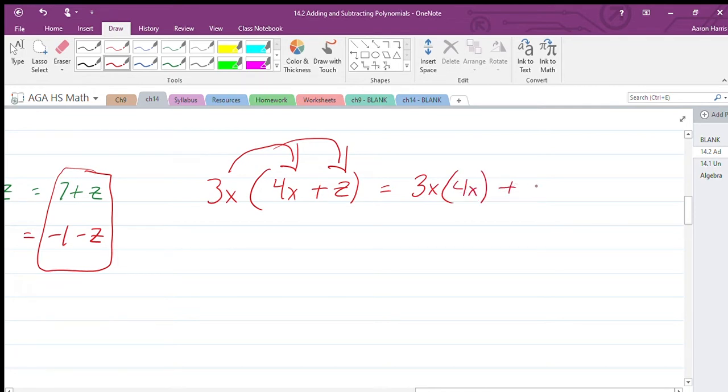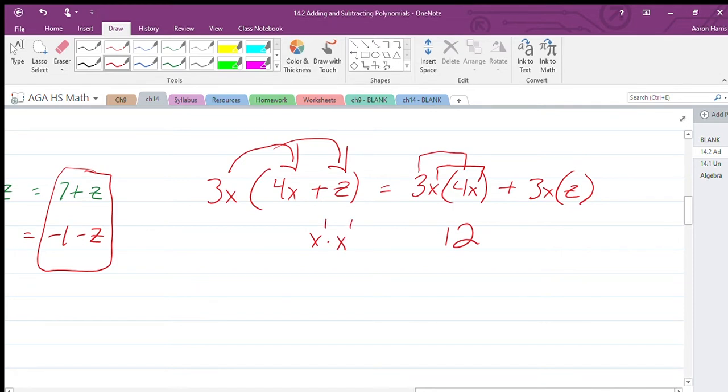Plus 3x times what? z. And if I want to simplify this, this simply is multiplication. So 3 times 4. Always do the constants first when you multiply. So 3 times 4 is what? 12. Good. Now I have x times what? x. Well, let's make sure we understand this. This says x times x. What's the power of that 1x? 1.